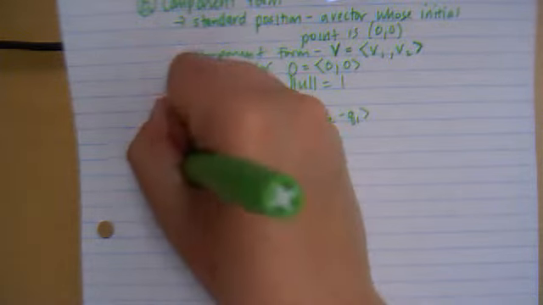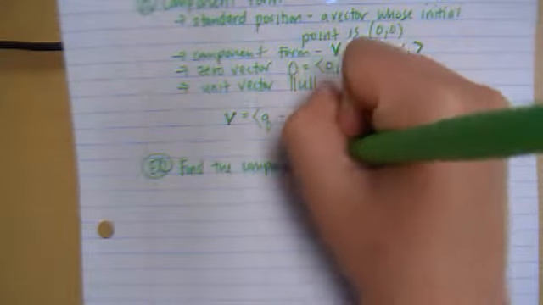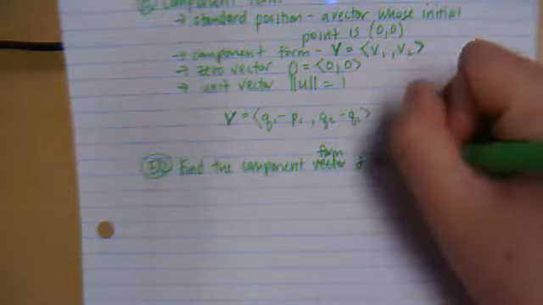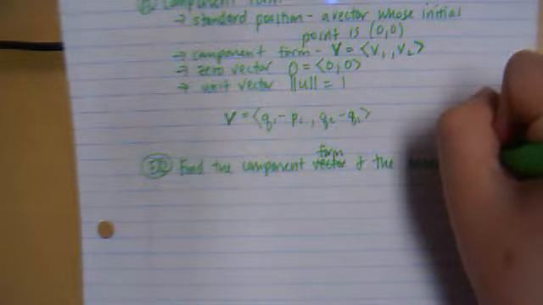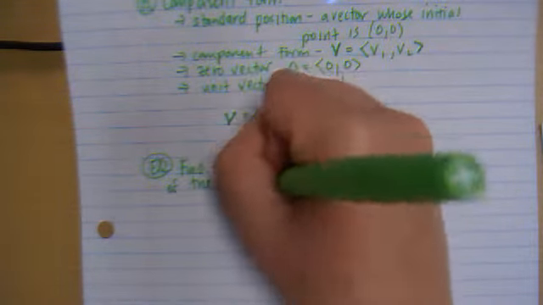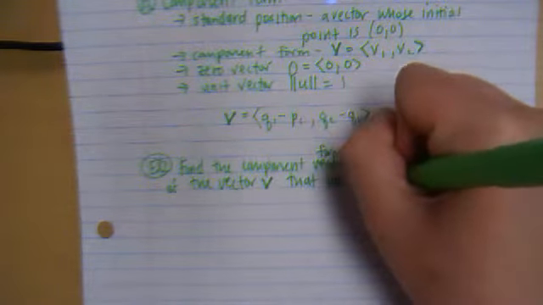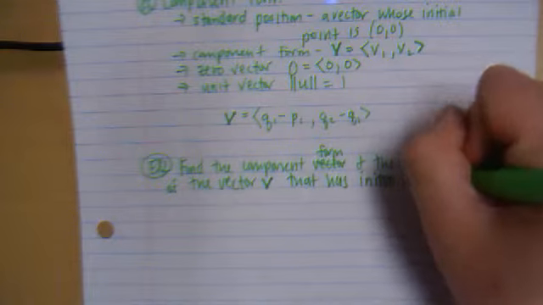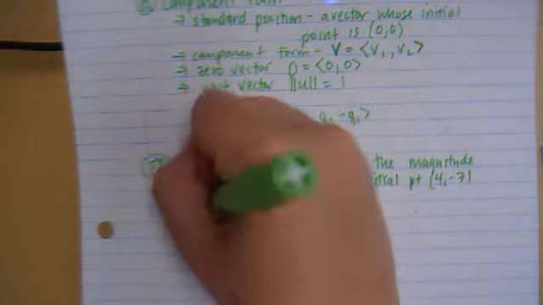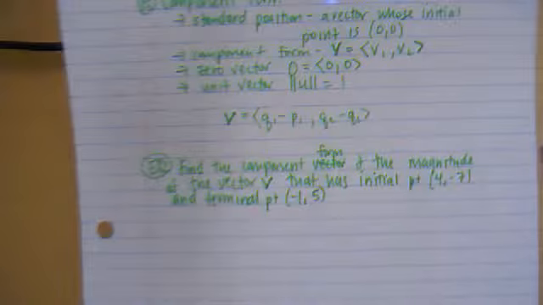So example 2. I want to find the component form and the magnitude of the vector v that has initial point (4, -7) and terminal point (-1, 5).